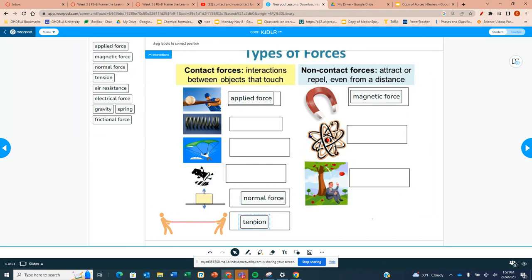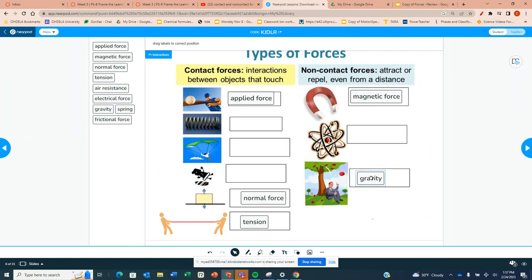The tension is pulling, or you can even have tension if you're drawing something hanging from a rope, a weight hanging from the rope, so there's tension here, attached here, so that's a tension force.